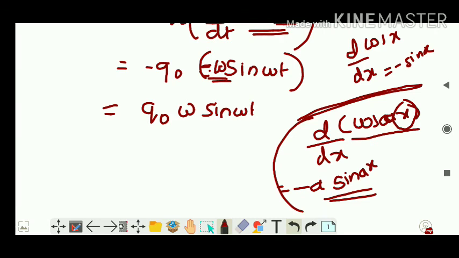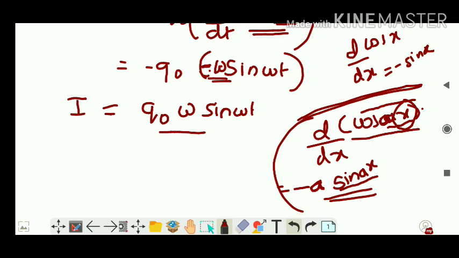So a is constant, so first you differentiate the cos term, hence you got sin ax. Then you go for differentiating ax, so a is constant, so I write it out, and x is differentiated as dx by dx, which is 1, right? So I will write it as q naught omega sine omega t.